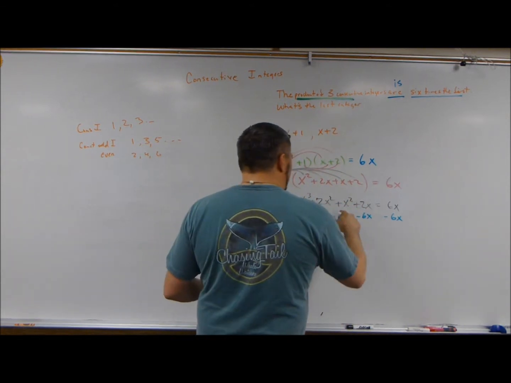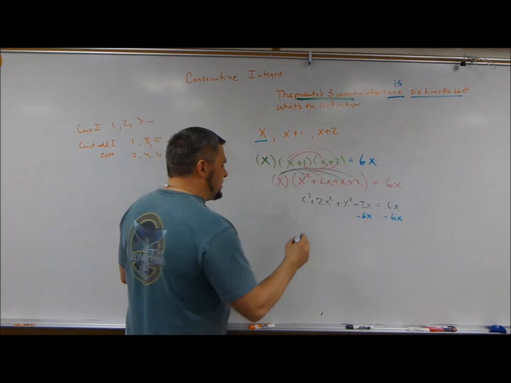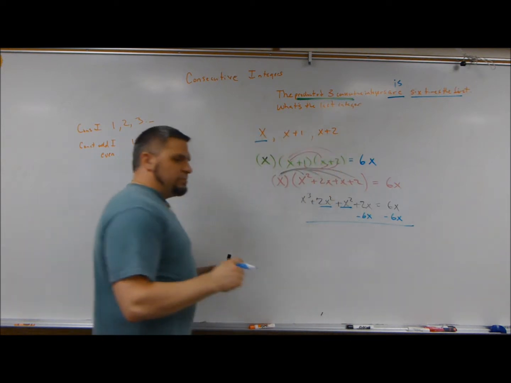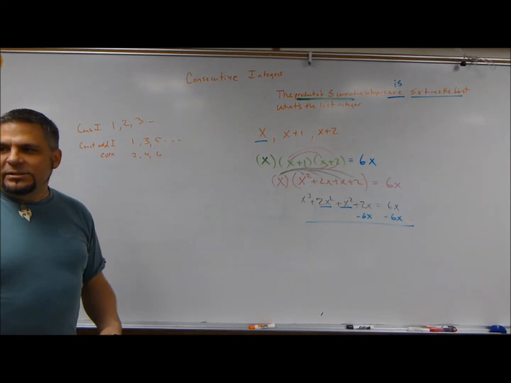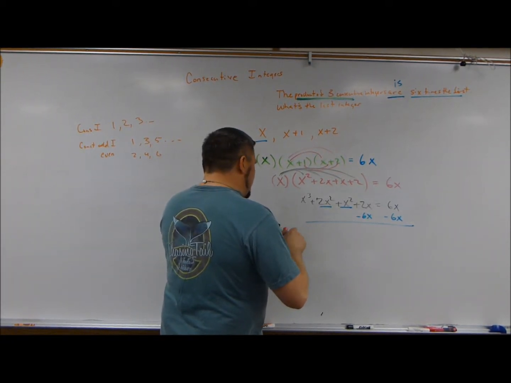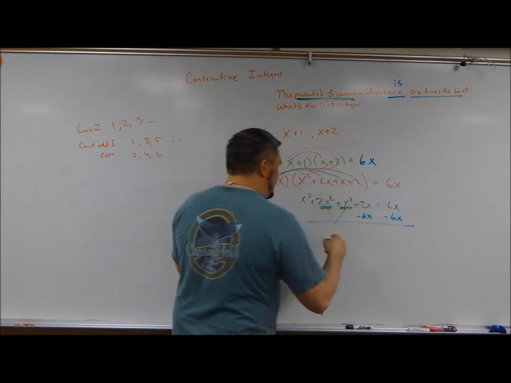I could also collect these like terms. All at the same time, because we're big boys and girls now in 102, and we can do 2 things at once. So I'm collecting these like terms by just adding them up.